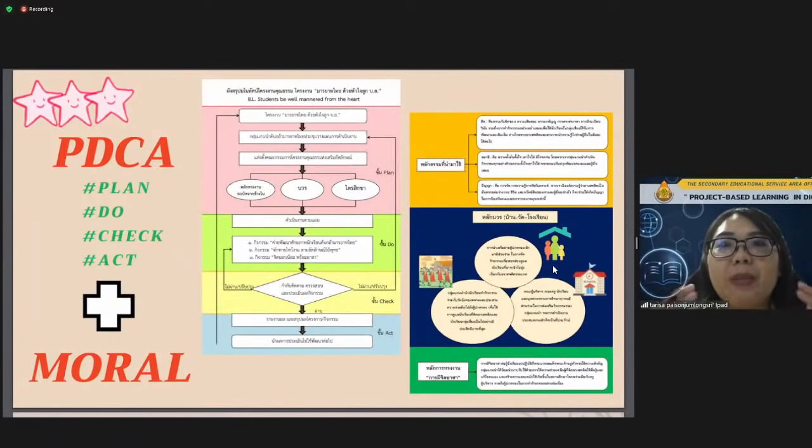They need to do the PDCA. PDCA consists of plan, do, check, and act. In addition, the workflow must be integrated with Buddhist principles, which may apply any Dhamma principle. They need to use Dhamma principles in doing the project.